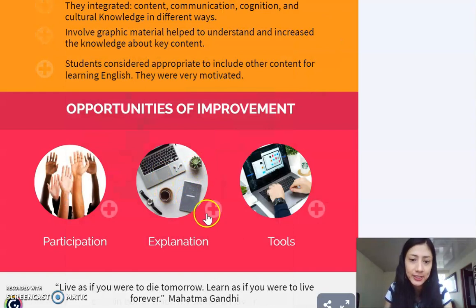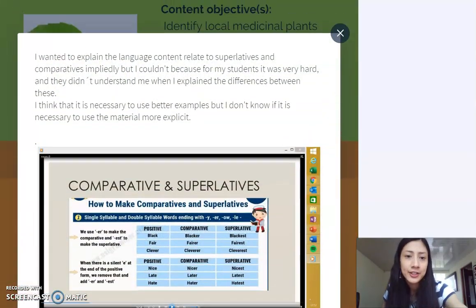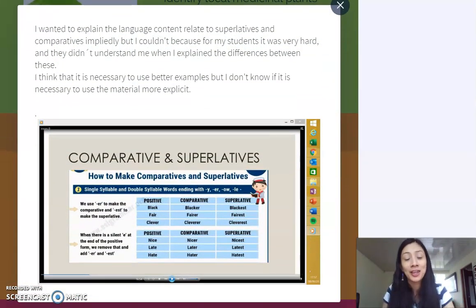On the other hand, related to explanations, it was similar. For example, I tried to speak or explain in English, but my students didn't understand me. At the end, I had to speak in English and in Spanish, and it was very hard for them.